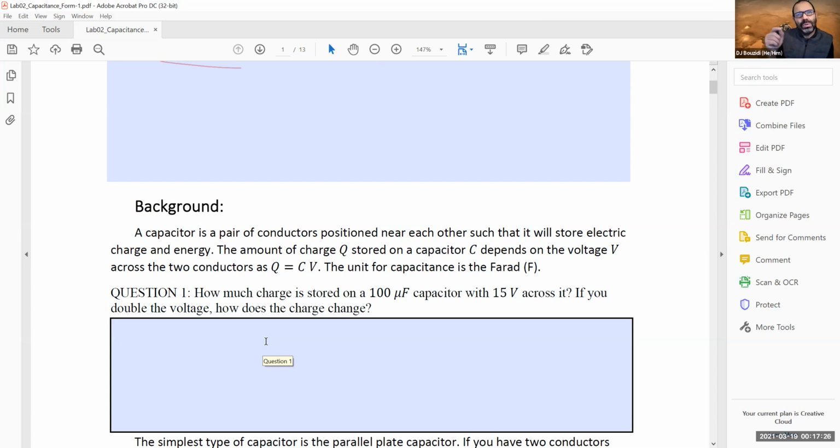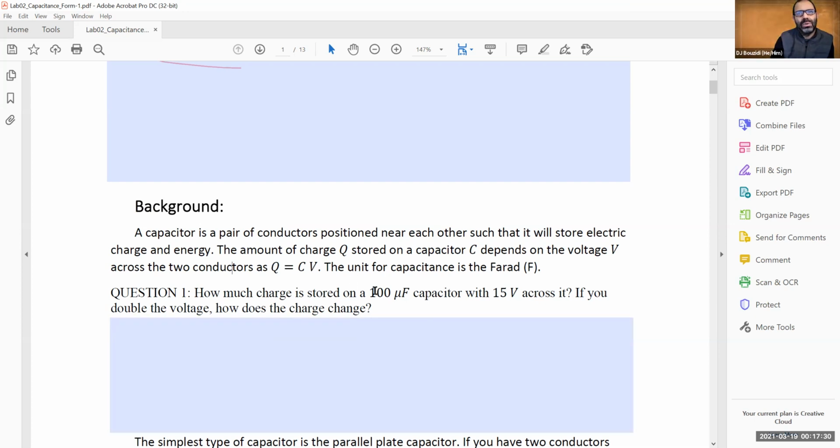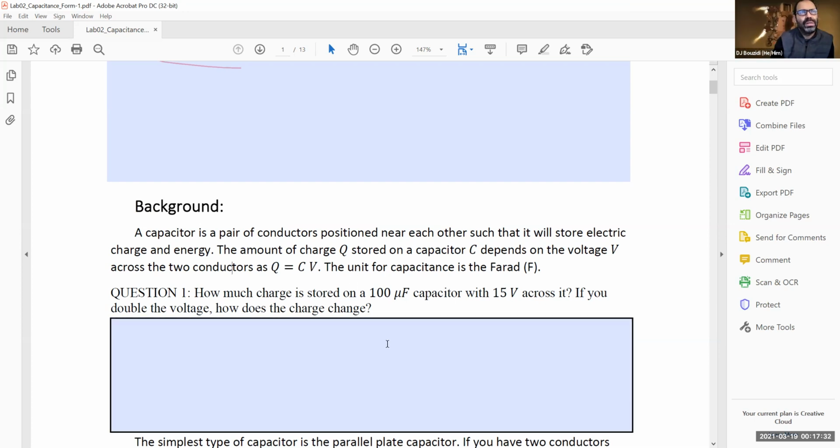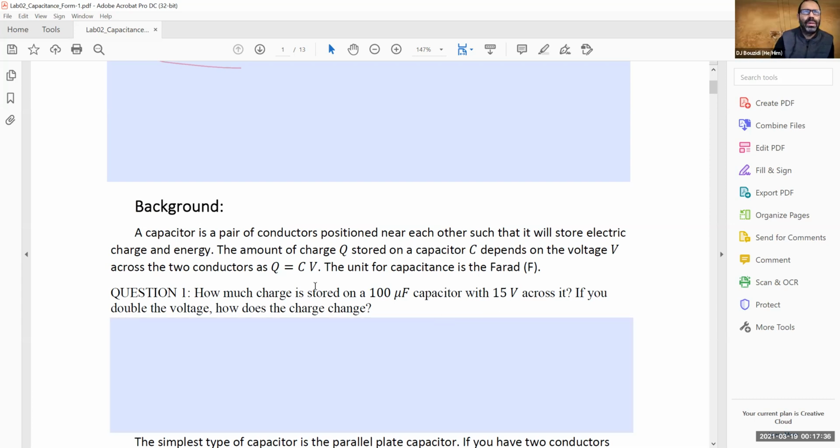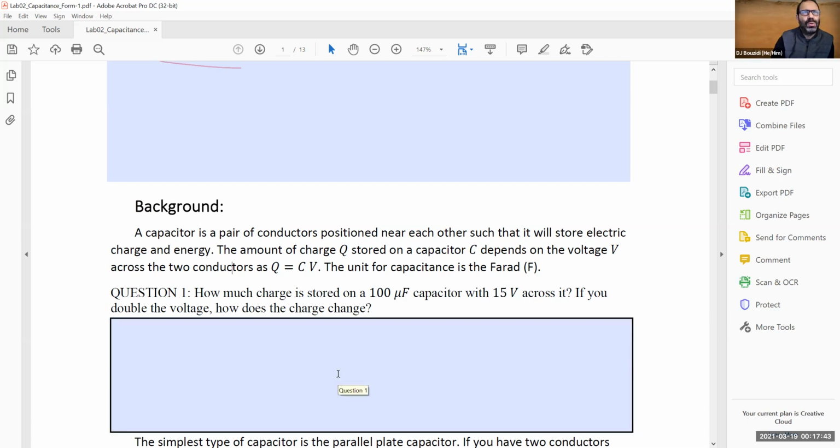This is not a math homework, so that you just plug in the numbers in here, or a physics homework where you just write Q is equal to 1,500 microjoules, which brings me to another point, coulombs, I'm sorry. Which brings me to another point. Anytime you miss a unit in the final answer, you're going to lose points, whether in a lab report or an exam or anywhere else.